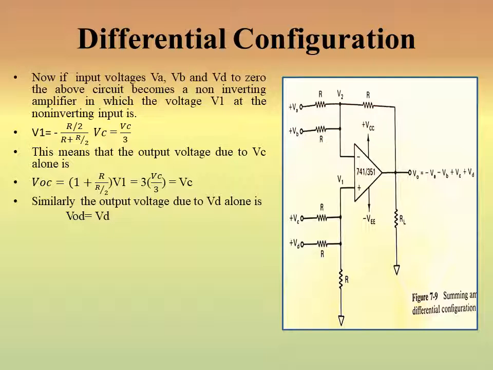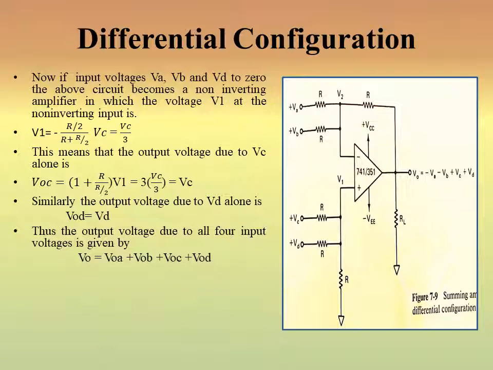Now, because we are applying all the four voltages, the output voltage due to all the four inputs will be VO is equal to VOA plus VOB plus VOC plus VOD. Now, putting the values of all these output voltages, we have minus VA minus VB plus VC plus VD.